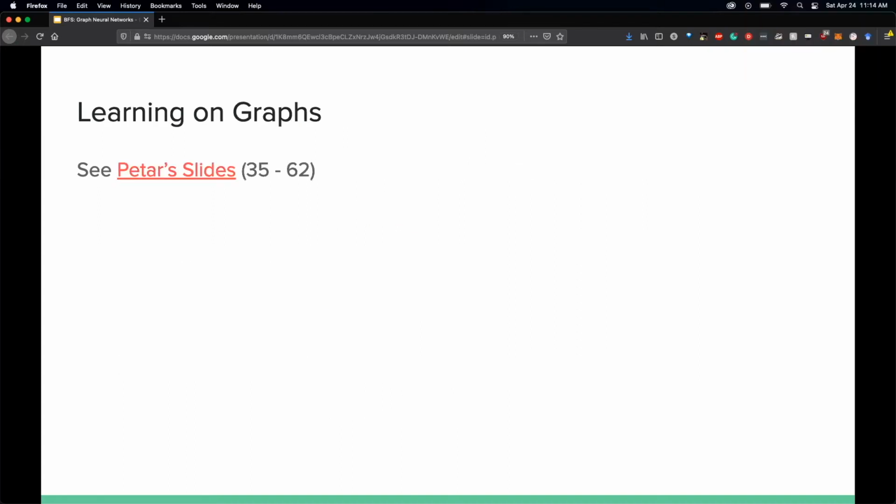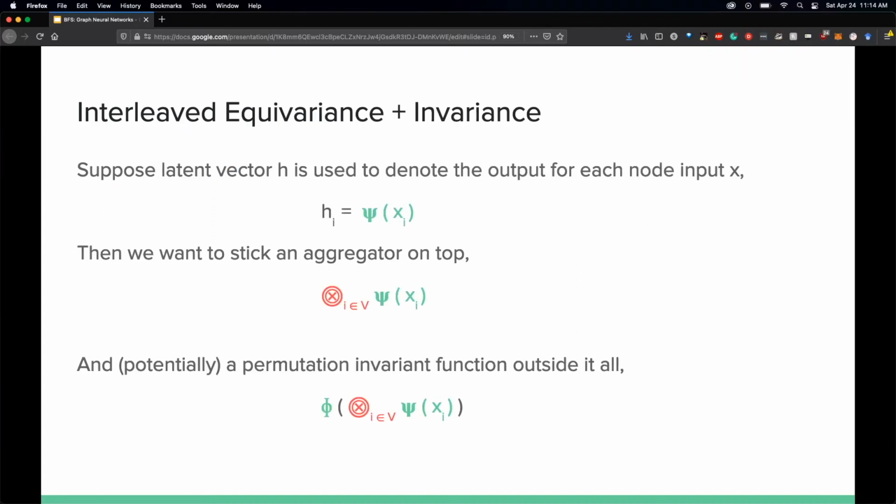Yeah, but I had a doubt in this slide. In the last equation, we put a permutation invariant function outside everything. But if you are putting an aggregator, then it's simply an invariant function, right? So the aggregator is not an invariant function, then, right? No, no, the aggregator is the invariant function.